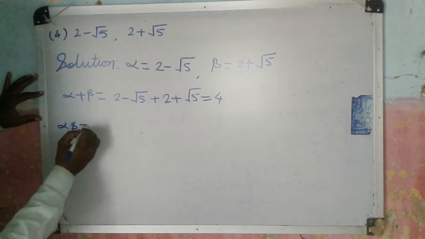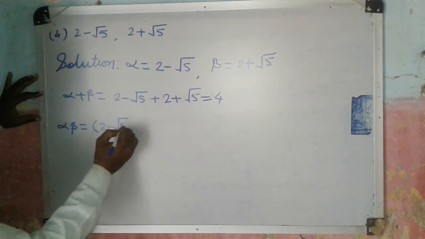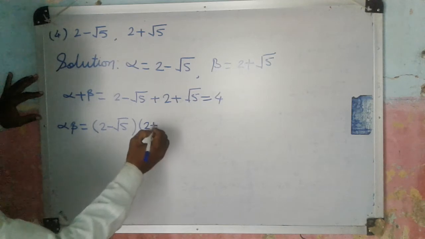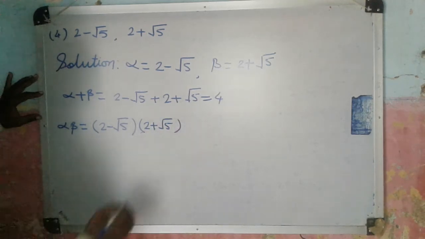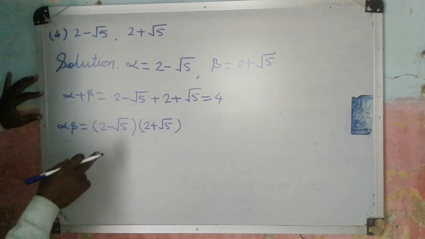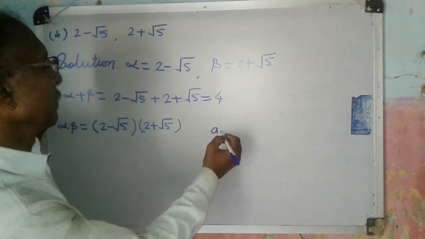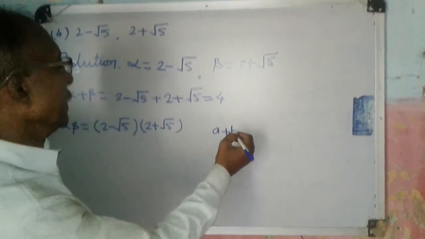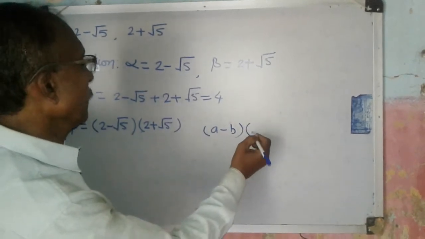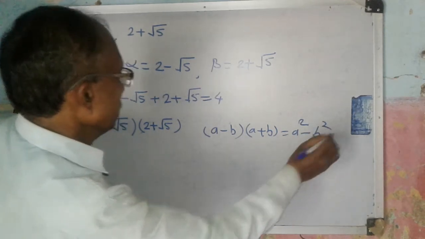Now product, alpha into beta is equal to first bracket 2 minus root 5 into second bracket 2 plus root 5. Now for the product of these brackets you can use the expansion formula: a plus b into a minus b is a square minus b square.